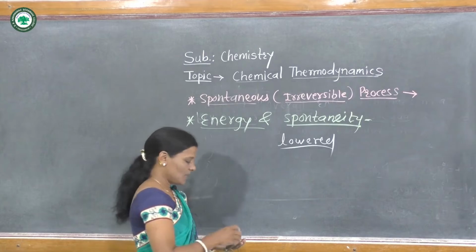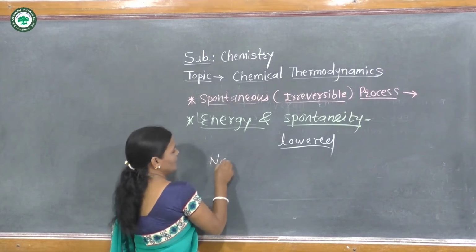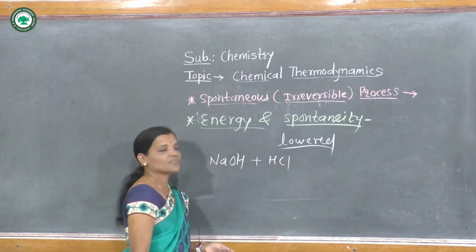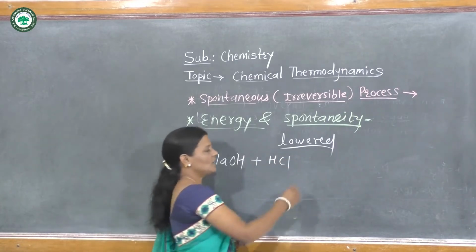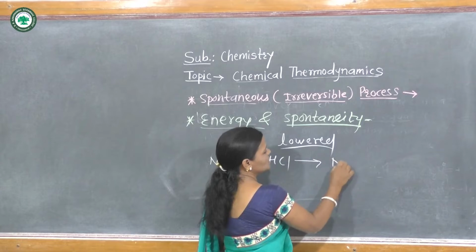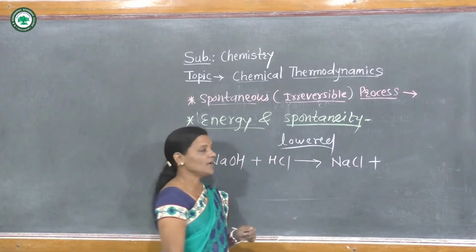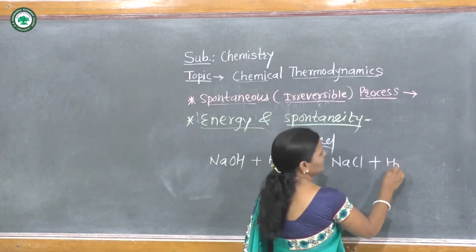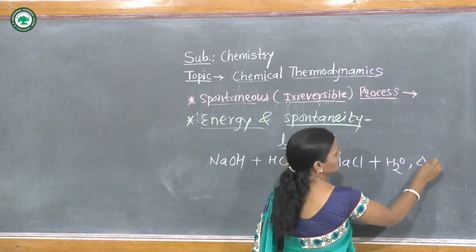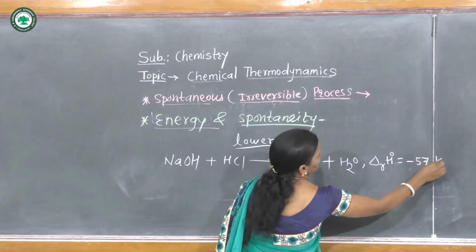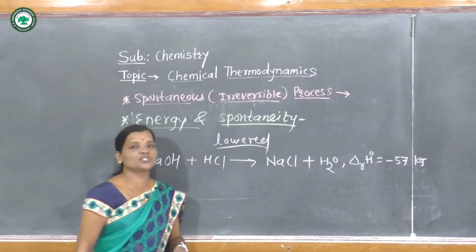For example, when NaOH reacts with HCl, we know this is a neutralization reaction, and sodium chloride and water are formed. In this reaction, the enthalpy change is found to be minus 57 kilojoule.